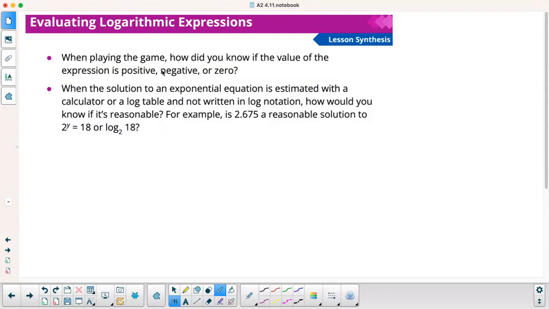So let's just say negative was a reciprocal. If you flipped it, if your exponent was 0, it was equal to 1, and positive was if your value is, I guess, not a reciprocal.